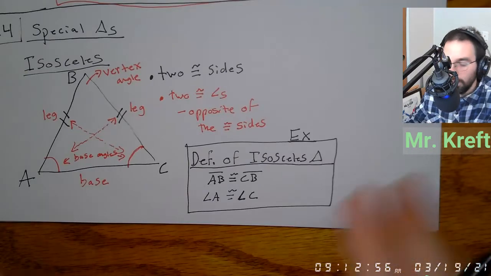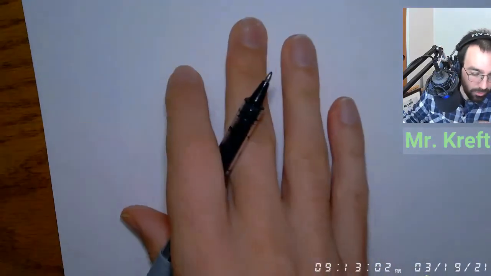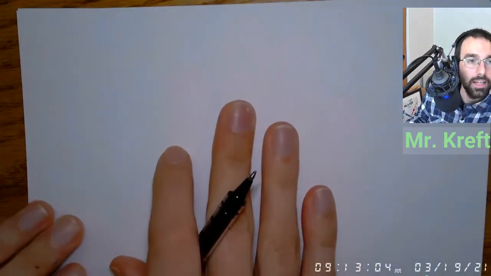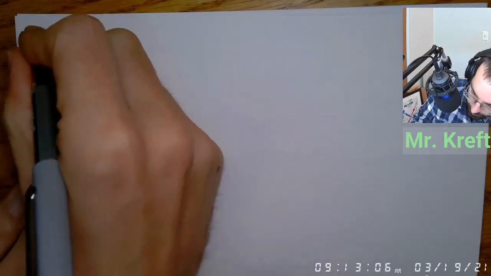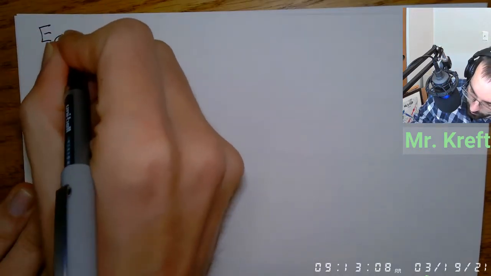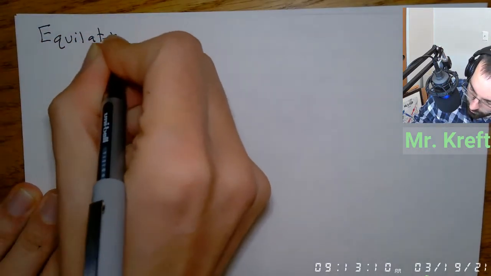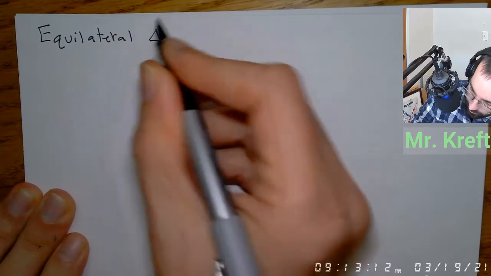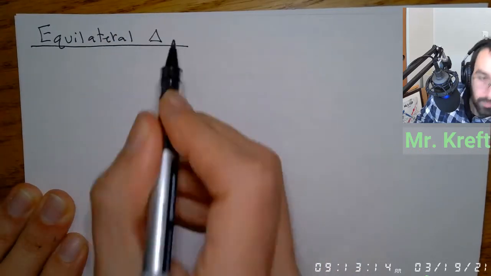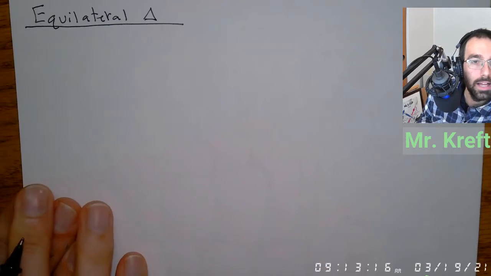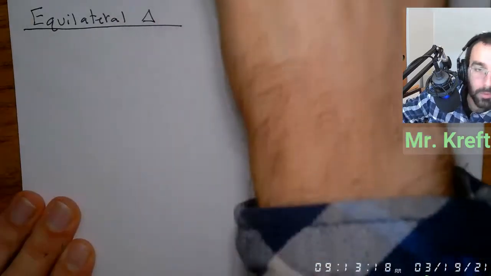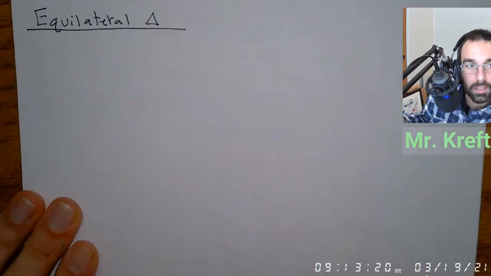All right, so let's move on then. That was one special type of triangle. The other special type of triangle is an equilateral. Now, remember, if you're studying root words, it can really help.